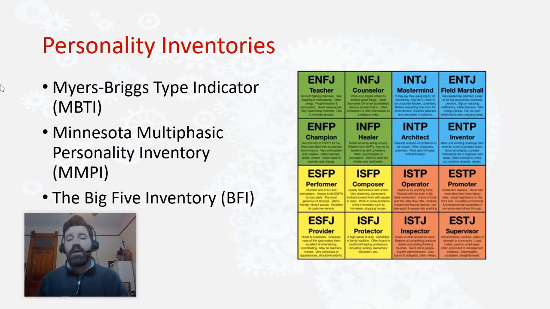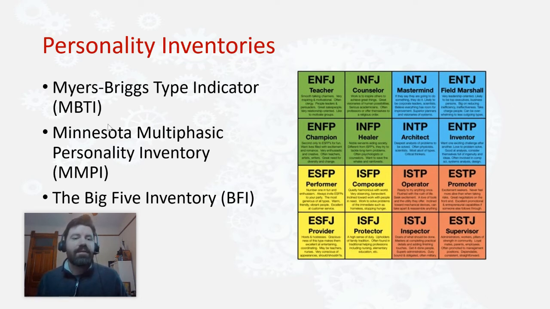And the reality is, your 4 letter combination probably isn't going to change very much. So it's very reliable. But is it valid? Is it really telling us about our personality? And so that's what comes into question. And the reality is, fewer psychologists are using this today, but it's again still used by guidance counselors to say, hey, take the Myers-Briggs, it'll tell you what type of job you should have.